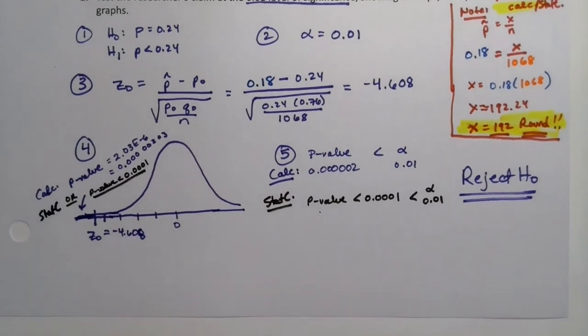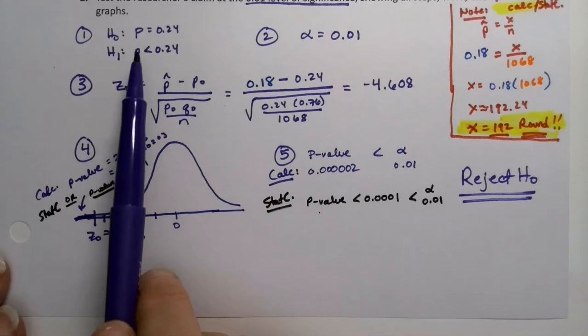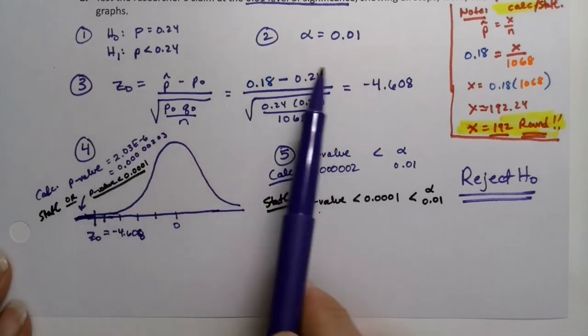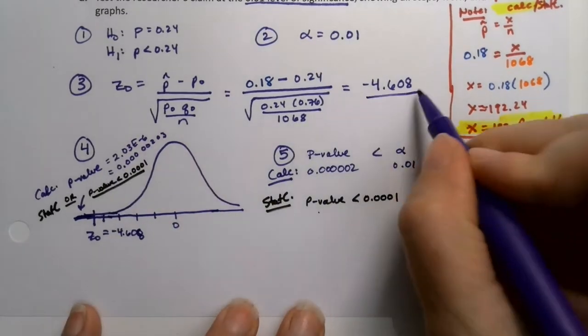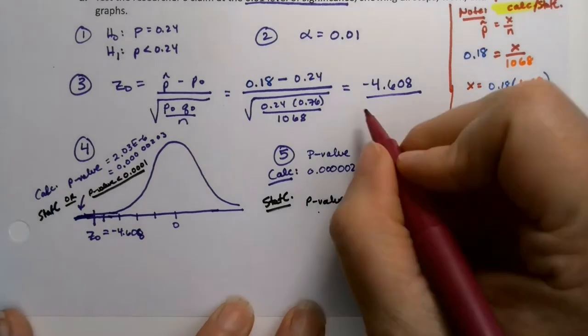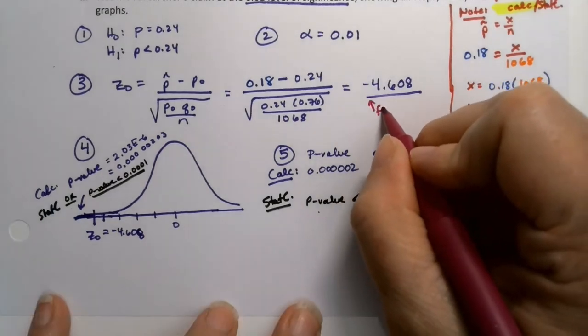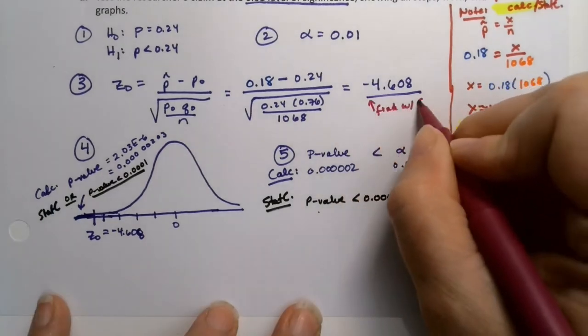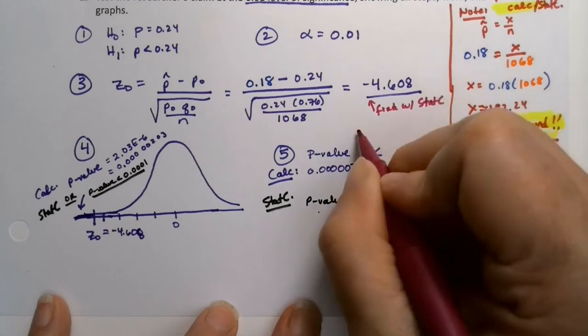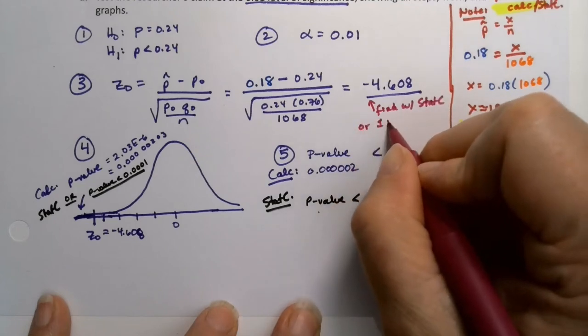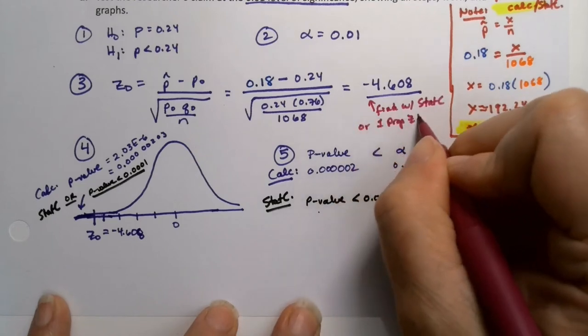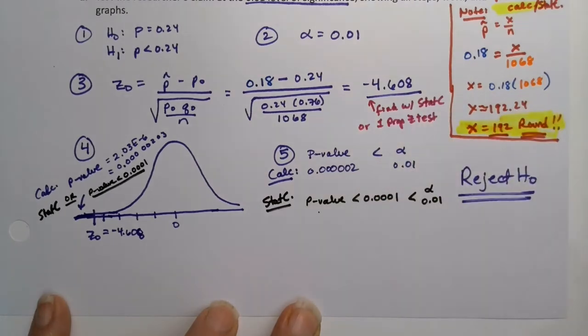Now, finally, the end. All right, so we've made our hypotheses. We have our level of significance. We found our z-score. Oh, you better make a note to yourself. You find with StatCrunch or one prop z-test, a one proportion z-test in your calculator.